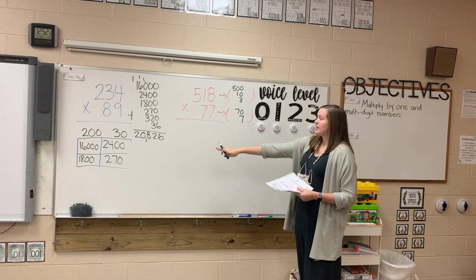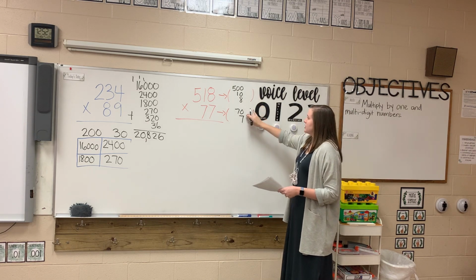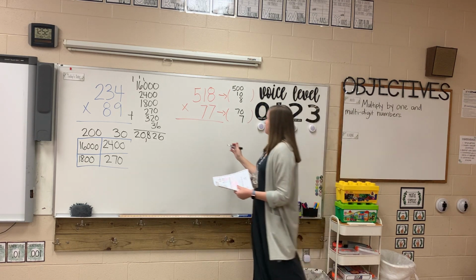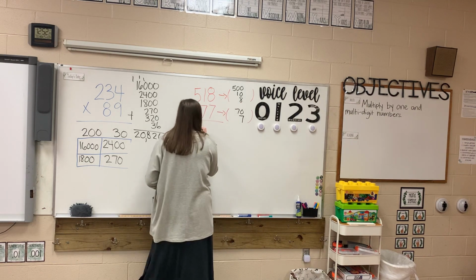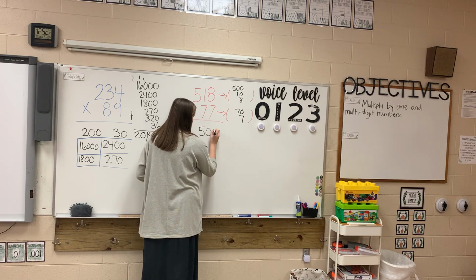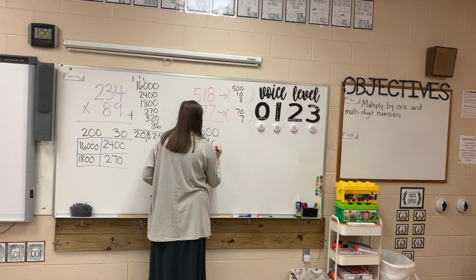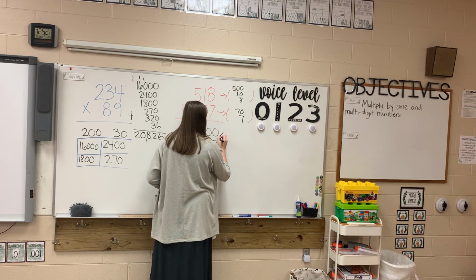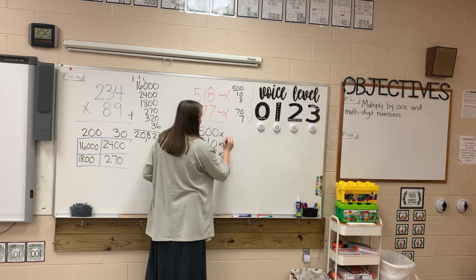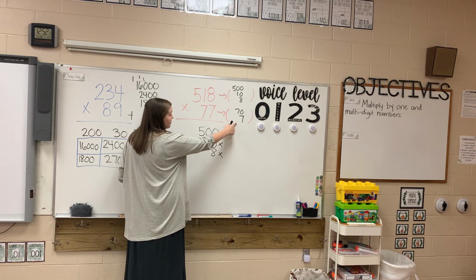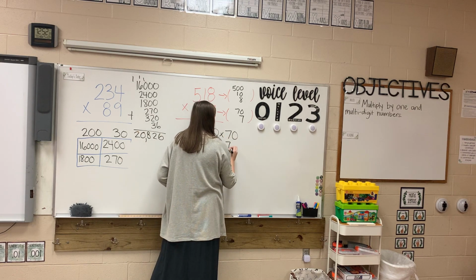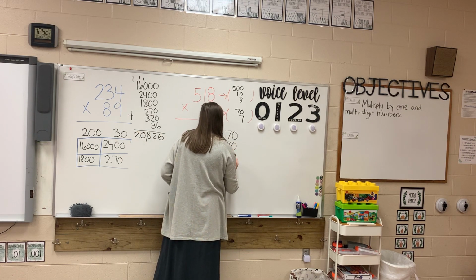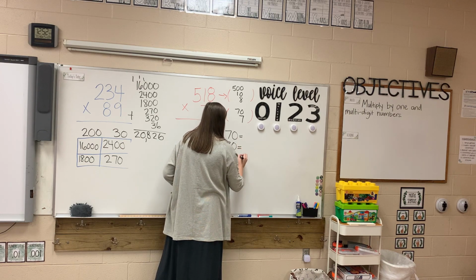Now, just like we did over there, we're going to multiply each of these by each other. We're just not going to do it in a box. So I have 500, 10, and 8. And I need to multiply these by both of these. So 500 times 70, 10 times 70, 8 times 70.